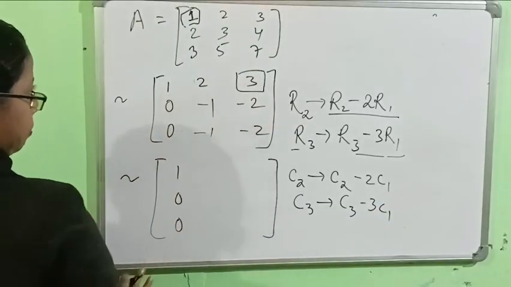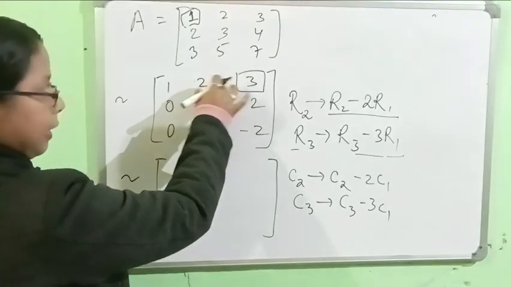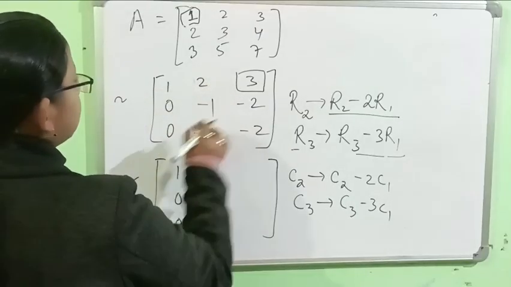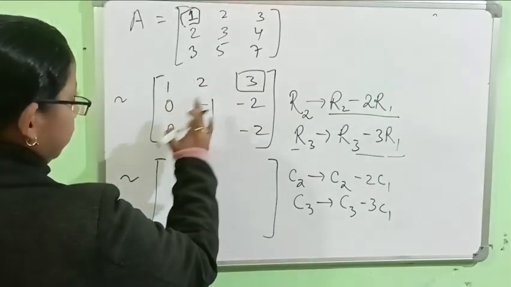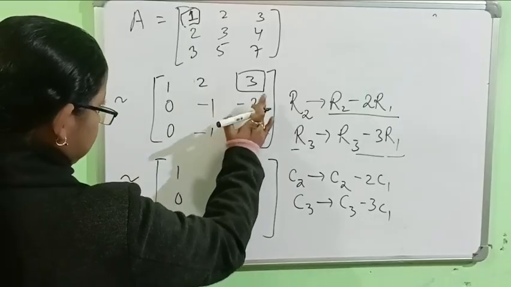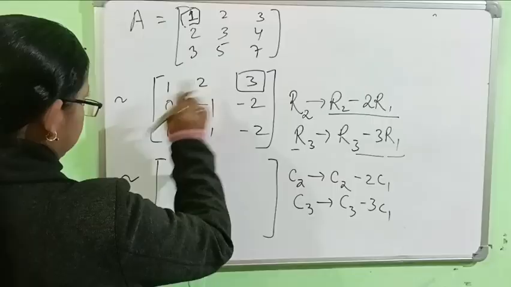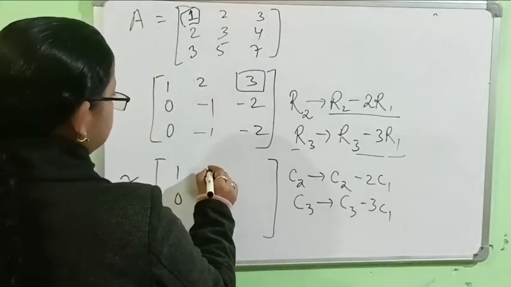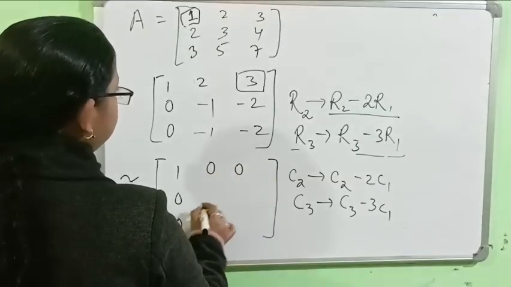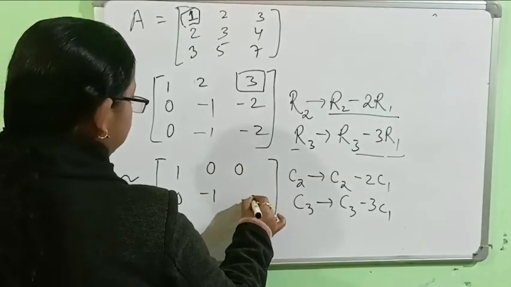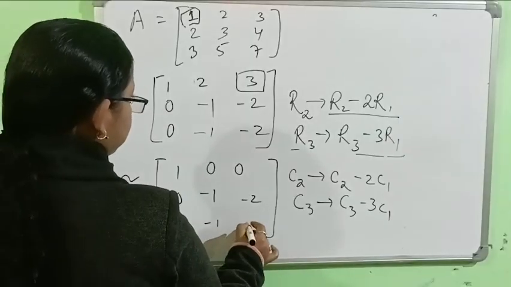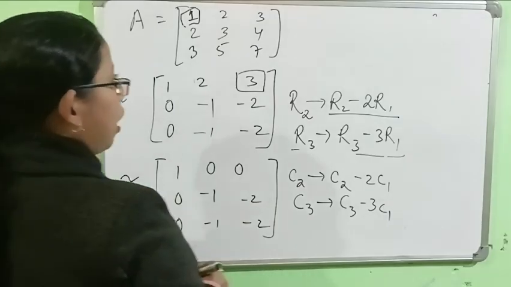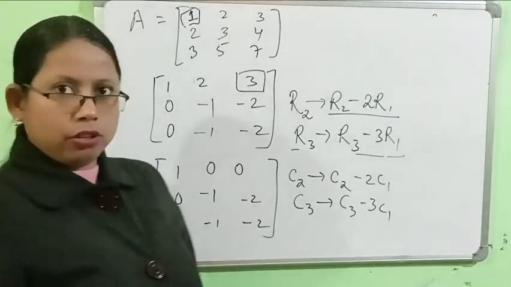As the operation is performed on the second and third columns, only these two columns change. Since these two elements are 0, it does not affect the other elements. Applying the transformations is straightforward: this is 0, this is minus 1, minus 2, minus 1, minus 2.